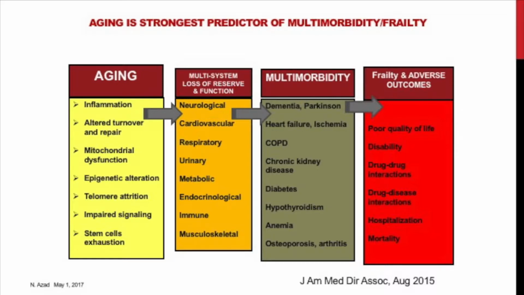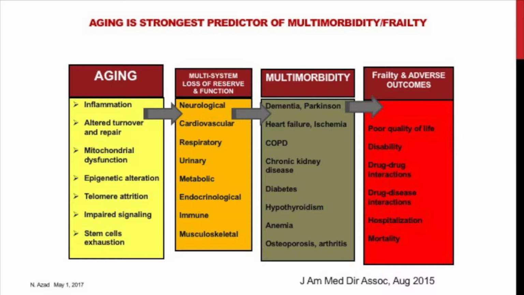Following the basic aging, you have system-level conditions: cardiovascular, respiratory, and so on. And then you start to develop multi-morbidity, and these are, as I said, conditions that are not necessarily interconnected.